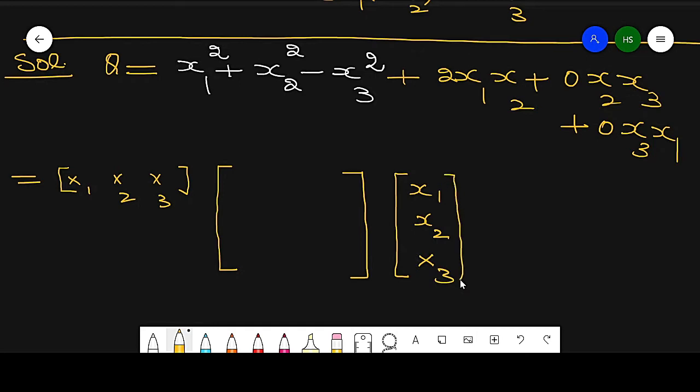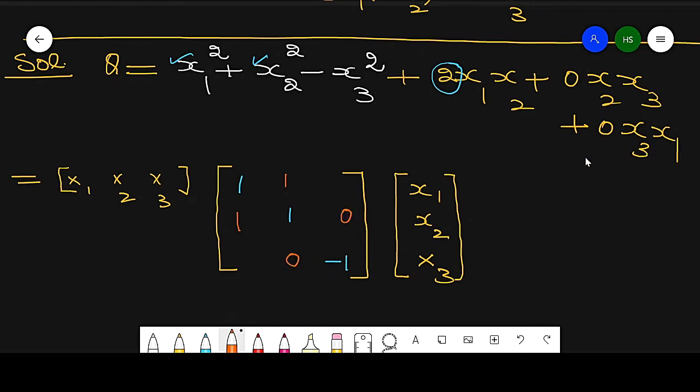So first write the diagonal entries. Diagonal entries are 1, 1 and minus 1, right? Now this is the coefficient of x1 x2, so divide it by 2. So this is 1, here it is again 1, at positions 1 2 and 2 1. Here is 0, so divided by 2, again 0, for 2 3 and 3 2.